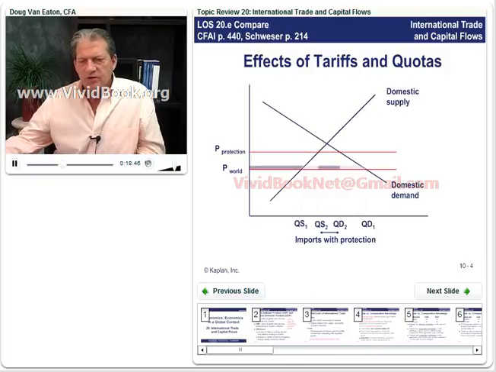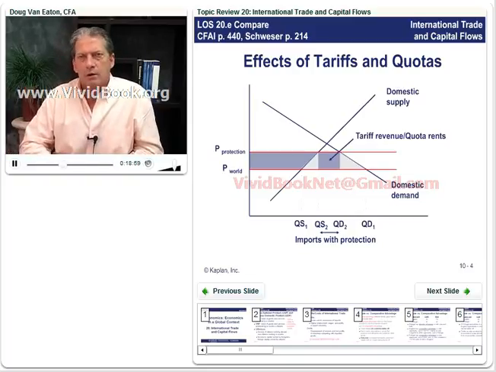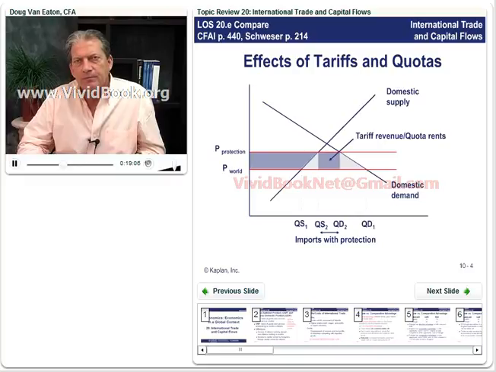So if we move this slide forward a little bit, we'll see these various areas. That's what I just described as the tariff revenue, and with a quota we sometimes call that quota rents. Now, we don't know how these quotas are awarded, but we do know that the exporters to the domestic country that get the rights under the quota to export that amount of goods could have gains equal to that, right?